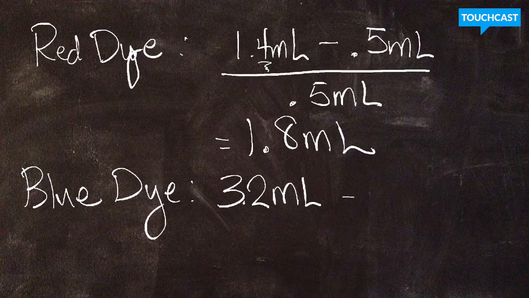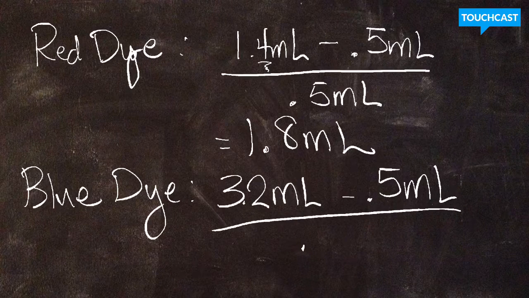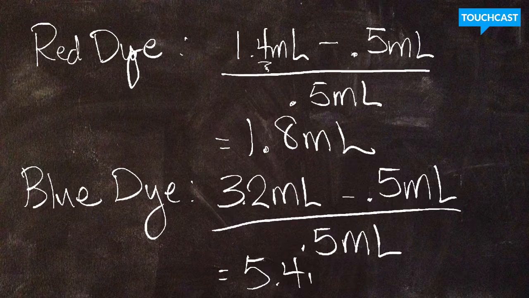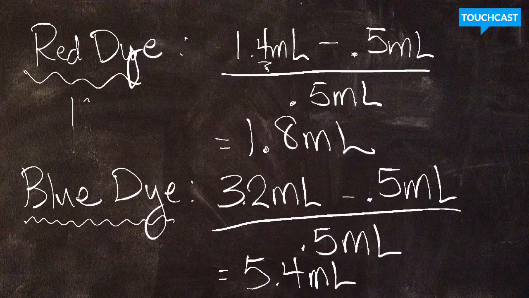Again, subtract the volume of the set pack and divide again by the volume of the set pack. The blue dye's value is 5.4 milliliters. So it seems like the blue dye is attracted to the material inside of the set pack. That means the blue dye must be a little more non-polar than the red dye, because red dye came out first and the blue dye came out second.